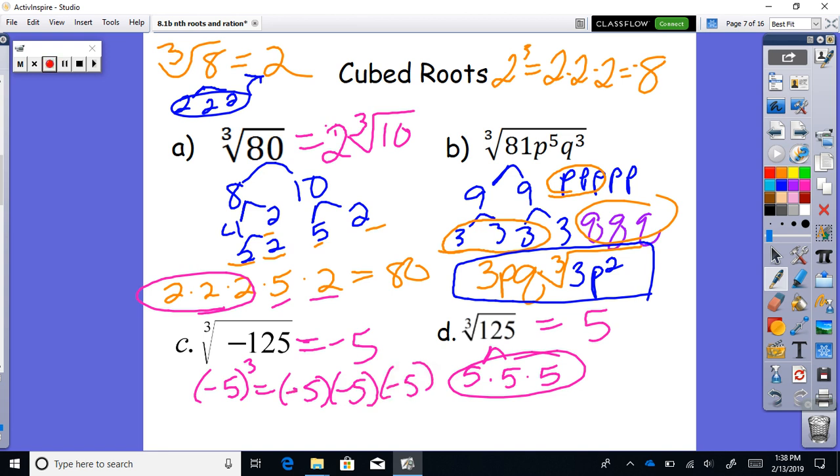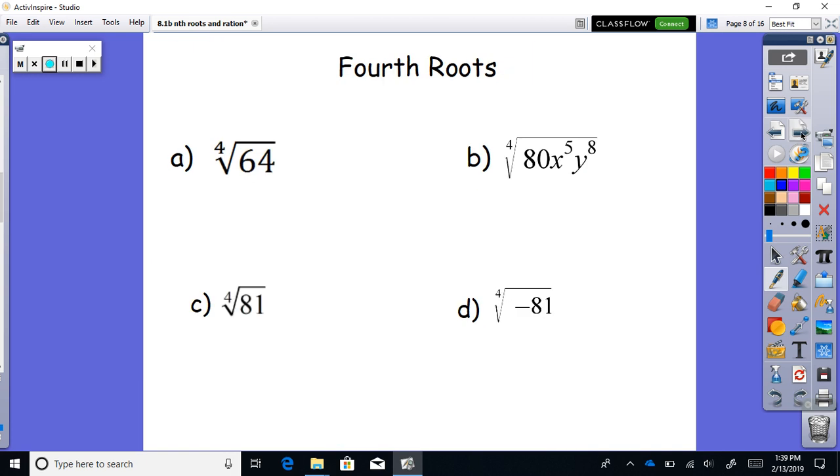Well, negative times a negative would give you positive 25, and then 25 times negative 5 would equal negative 125. So since negative 5 cubed equals negative 125, if you go backwards, the cubed root of negative 125 is negative 5. So odd roots you can have negatives under, even roots you can't. Or you can, but you get an imaginary answer.